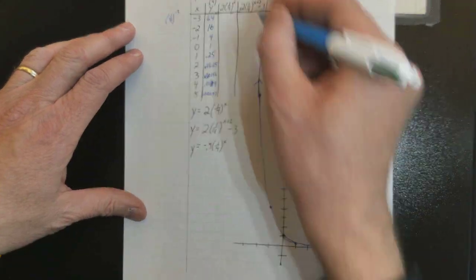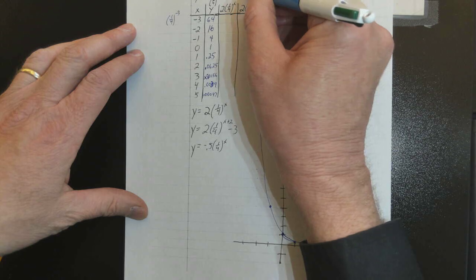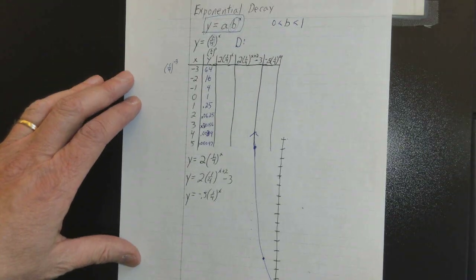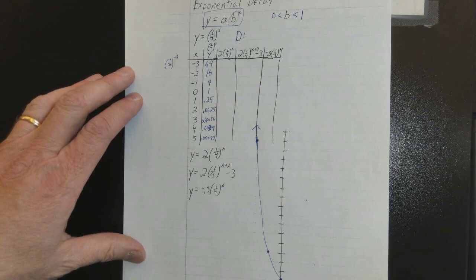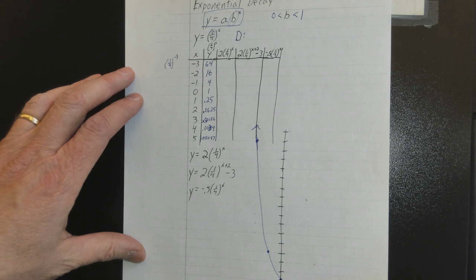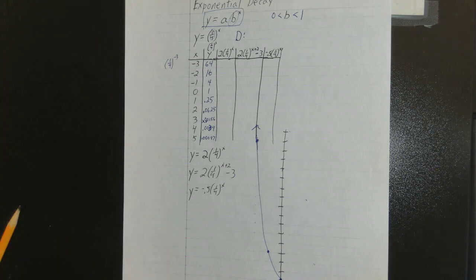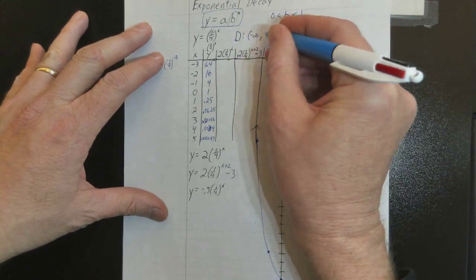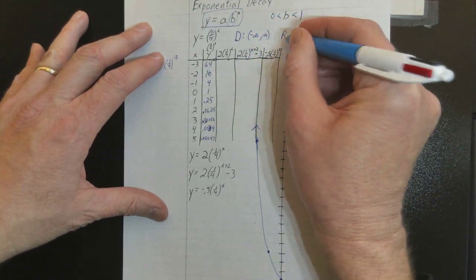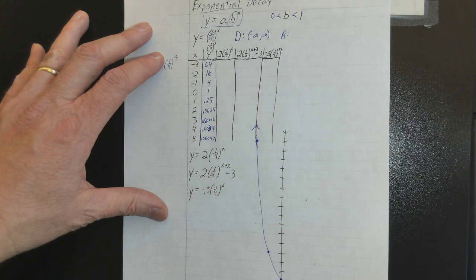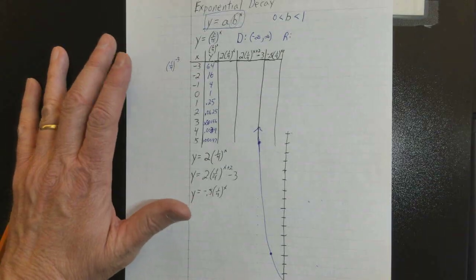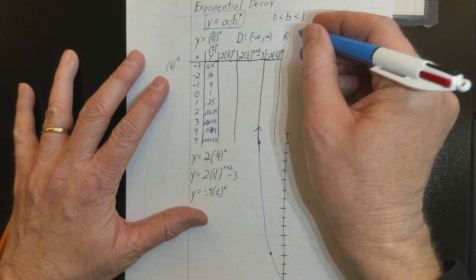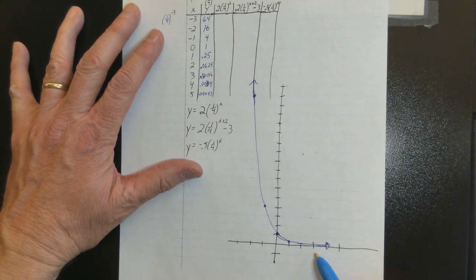Let's talk about this one, the domain. Any thoughts? Those are the values of x. All right. Good. The range. How low will this thing go?